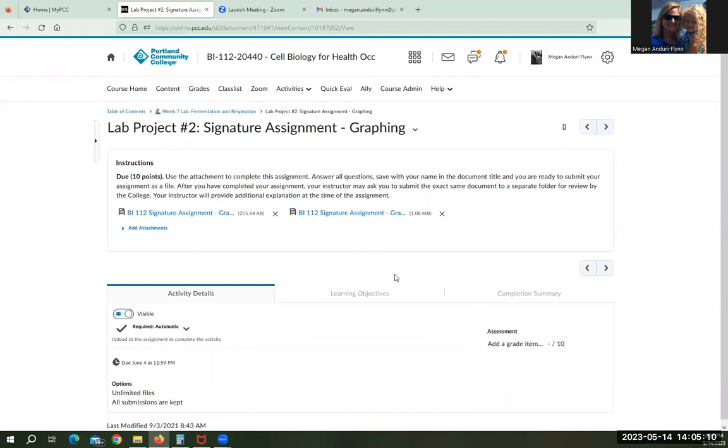But then we have a 10-point signature assignment as part of our lab. This 10-point assignment is something that all Bio 112 students complete. And I'll give you a little bit more information about it in lab. It's not due until, I believe, the end of week 9, so it's not going to be due when the other stuff is due for lab.